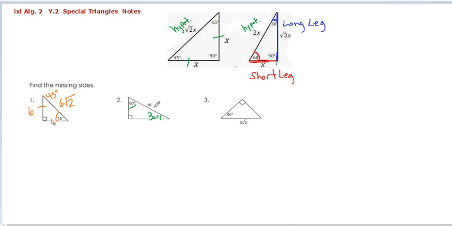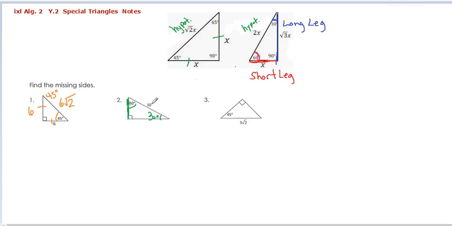We have a hypotenuse, and we know that the hypotenuse is double the short leg. And I always find it easier to go after the short leg first because the others are based off of it. And the short leg, always remember, is next to the larger angle. The smaller leg is next to the larger angle. The larger leg is next to the smaller angle.